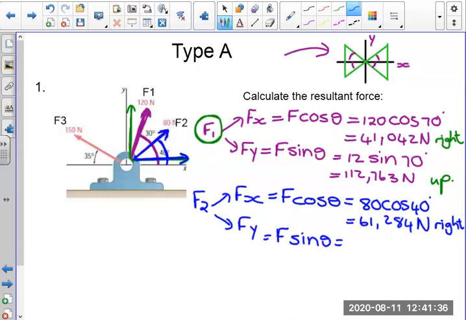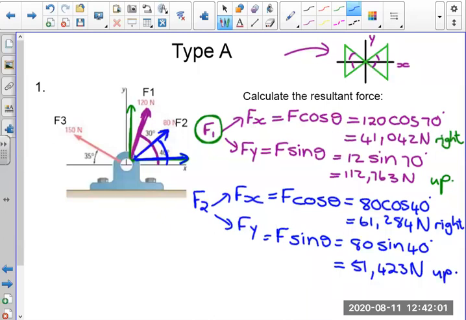So I'm going to get 80 sine 40. And 80 sine 40 on my calculator gives me an answer of 51,423 newtons. And again, it is upwards. All right.